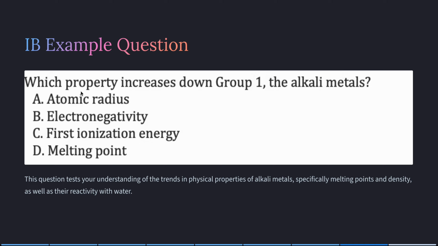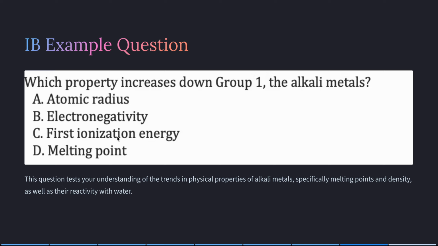Alright, so if you're back, let's discuss this. Which property increases down group 1, the alkali metals? Is it the atomic radius, the electronegativity, the first ionization energy, or the melting point? Let's consider these.